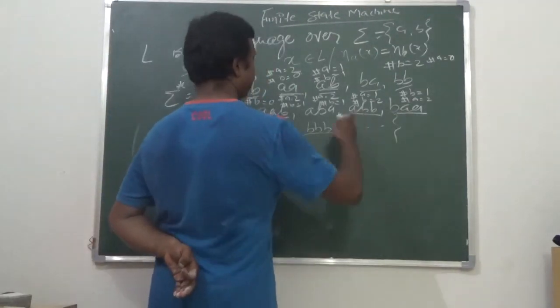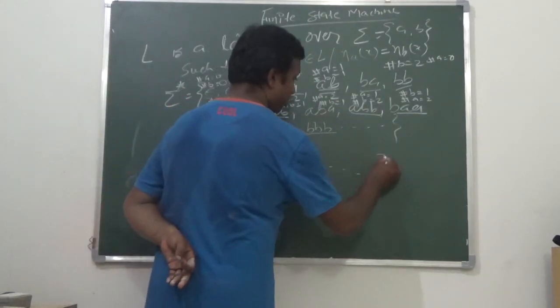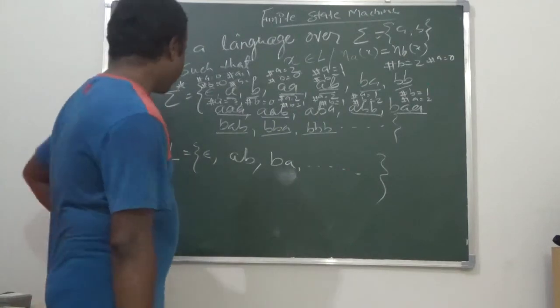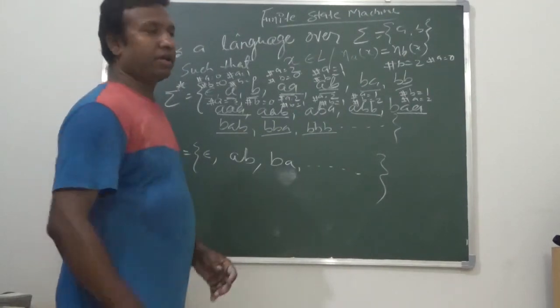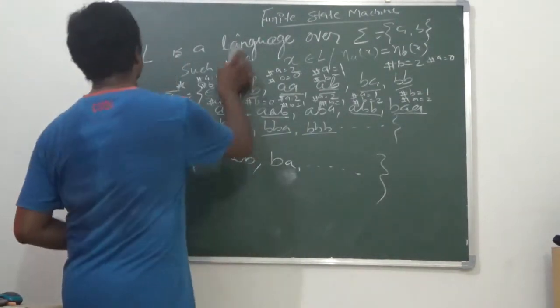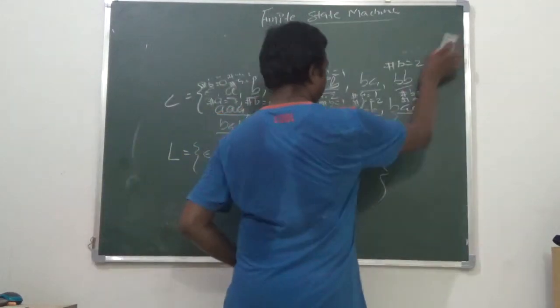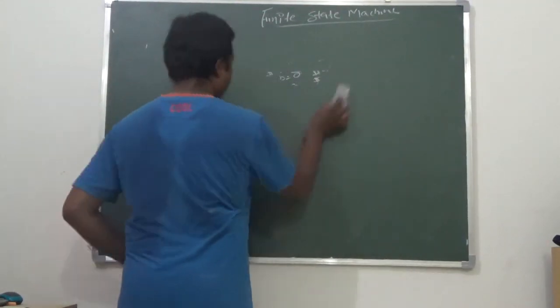So if we continue the example, we will add more. So this is what the language is, where the number of A and the number of B are equal. Right? So these are some examples of a language. Fine?